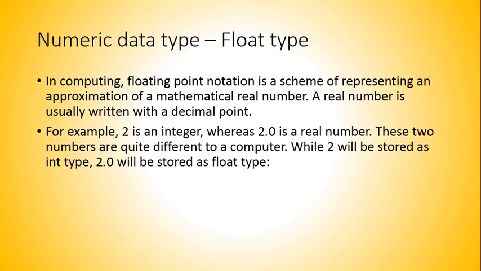A real number is usually written with a decimal point. So for example, 2 is an integer, whereas 2.0 is a real number. The two numbers are quite different to a computer: 2 will be stored as integer type, but 2.0 will be stored as float type.